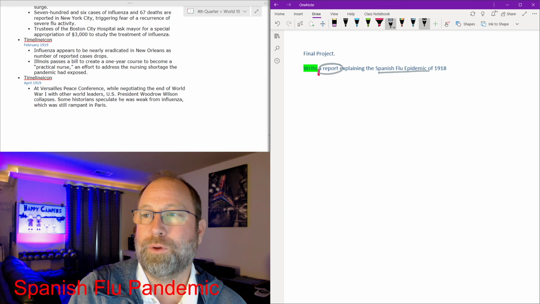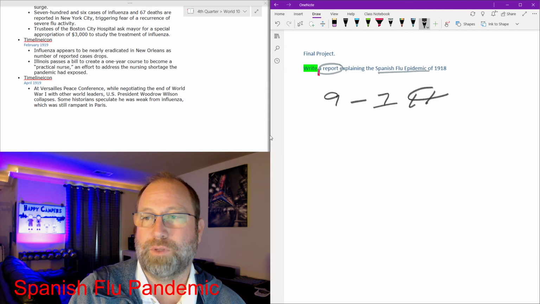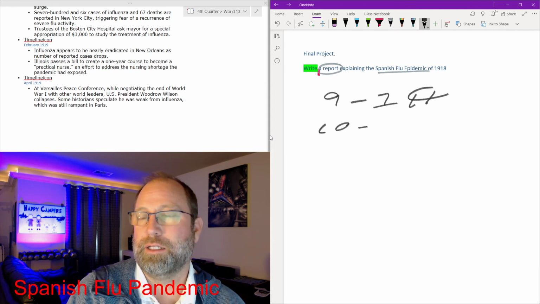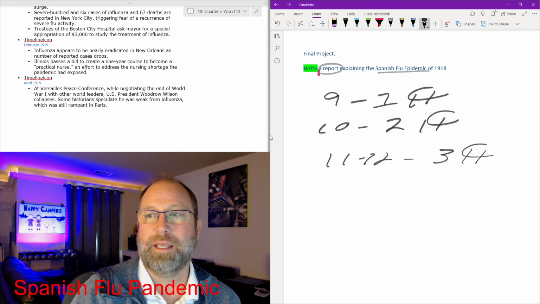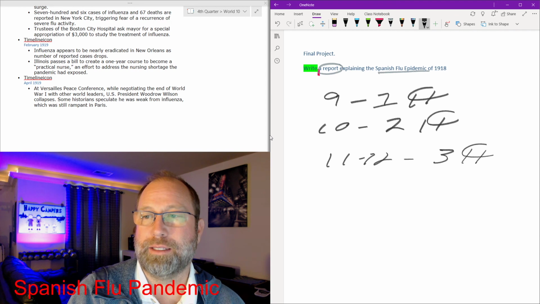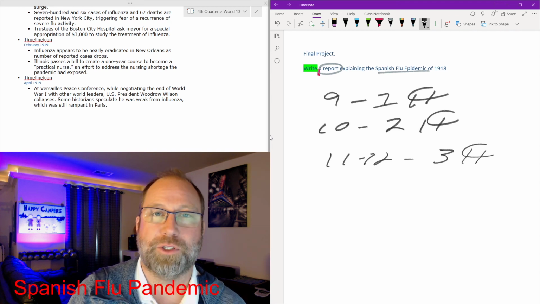Basically, ninth graders, you need to do one paragraph. Tenth graders, you've got to do at least two paragraphs. And if you're in 11th or 12th grade, you need to do three paragraphs on a report on that. If you do more than your assigned number of paragraphs, you'll get extra credit.